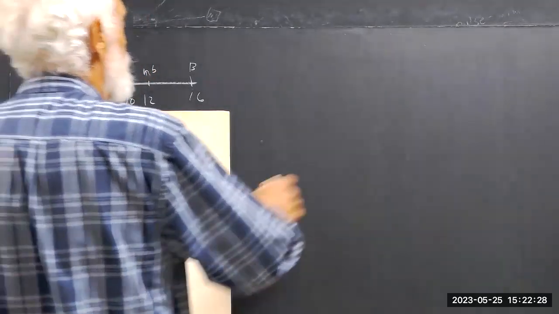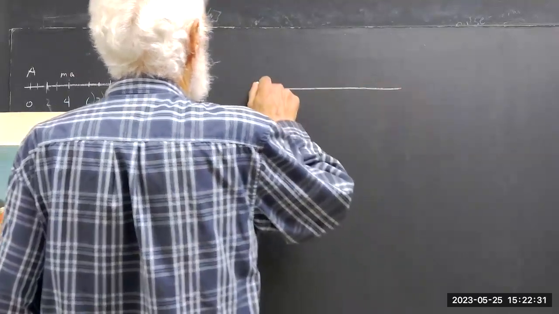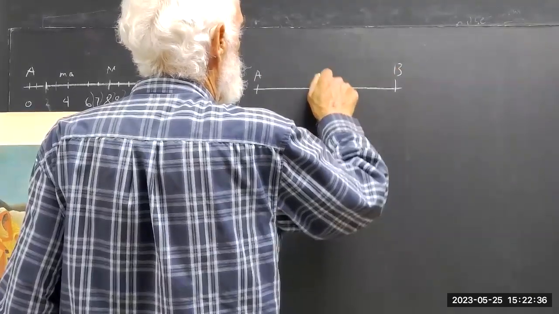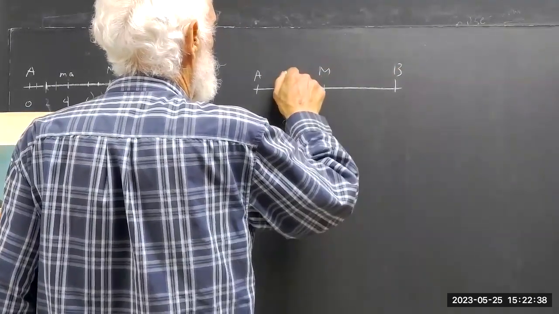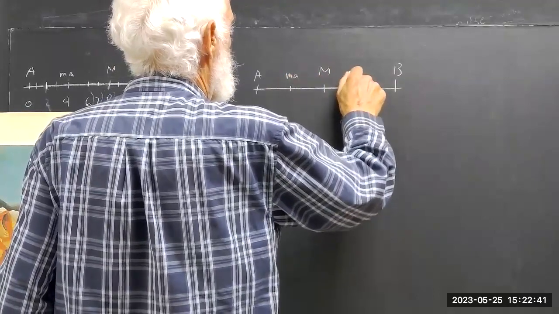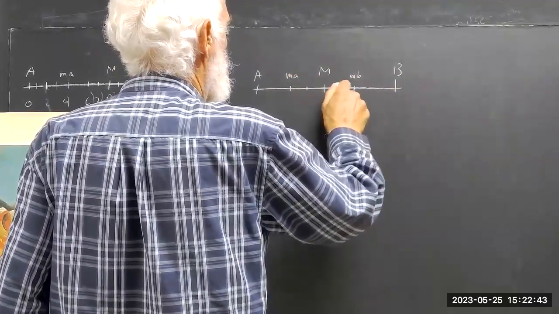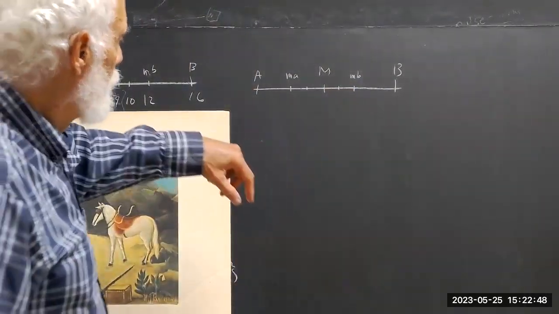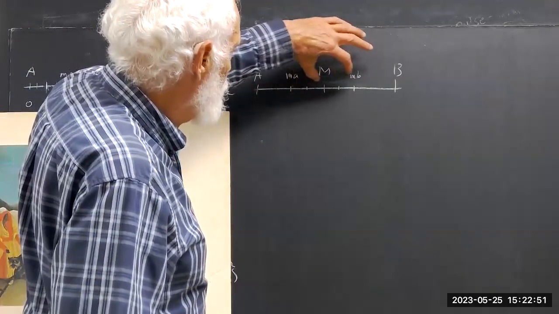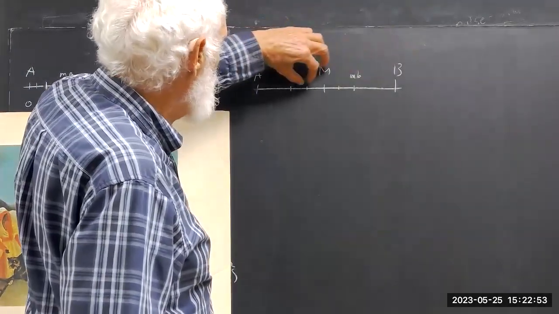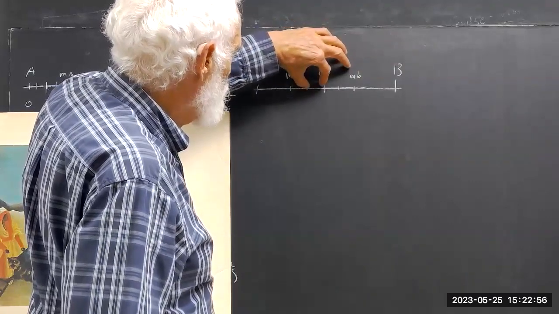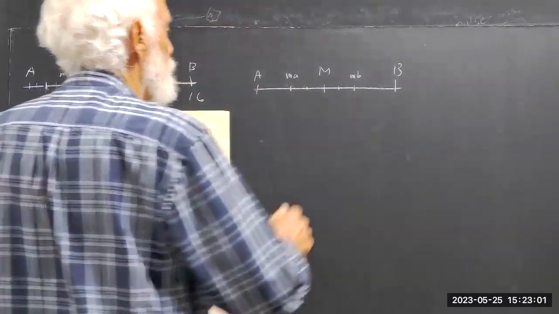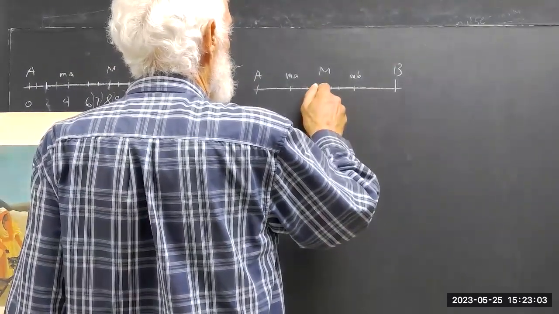Again, bottom line. Here we have it. This interval should be the same as this, should be the same as this, should be the same as this. And we'll also divide this last little interval in half.